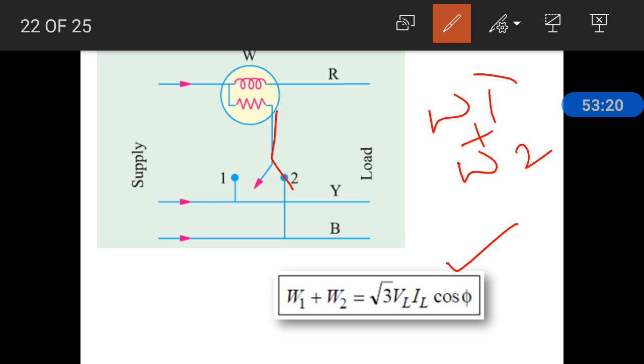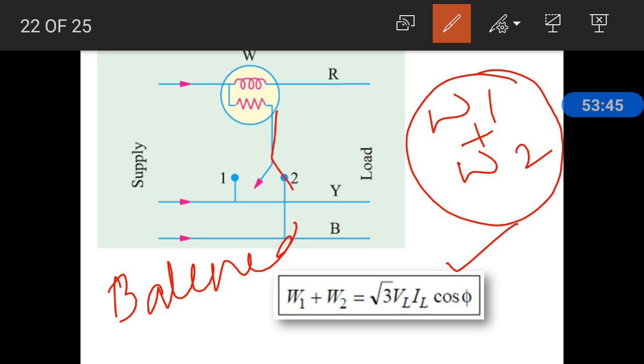So this we use for both balanced and unbalanced conditions. W1 plus W2 gives the exactly accurate reading for balanced and unbalanced conditions.